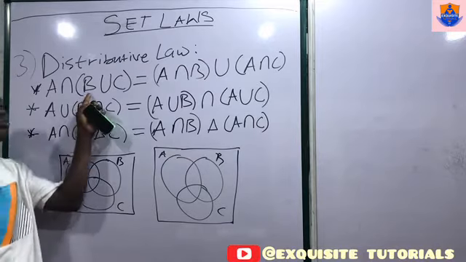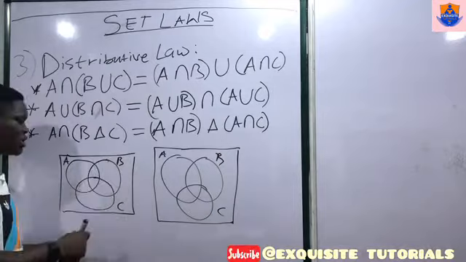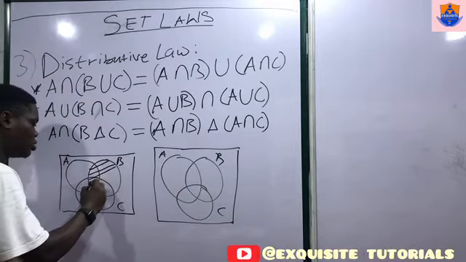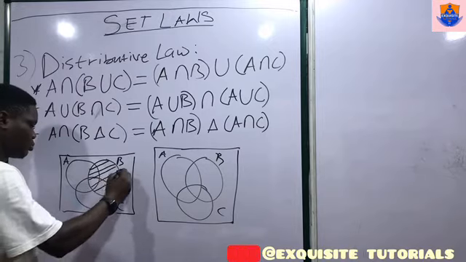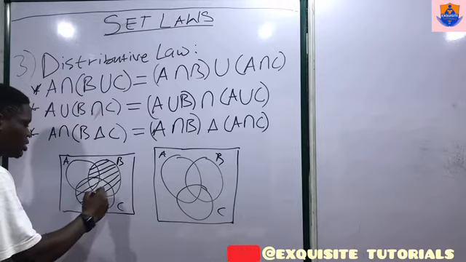First of all, we'll do B union C, adding the elements of B with C. So let me add them quickly. This is what I will obtain.